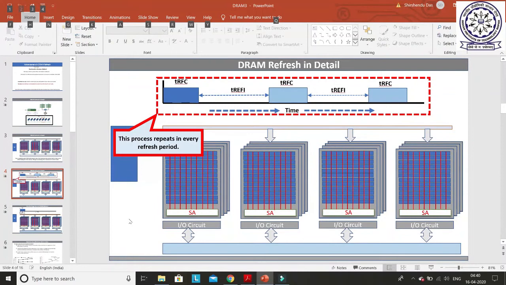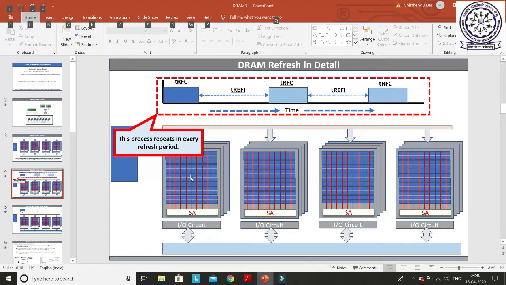The basics of DRAM that will be required for today's lecture are already known to you. The diagram I am showing here was already explained in the last class with more animated details. I'm not going for the animated details at this moment, but from this figure you can easily see the rank structure. I'm repeating it again: a rank has multiple chips, and each chip has multiple banks.